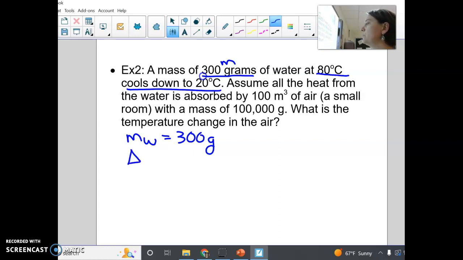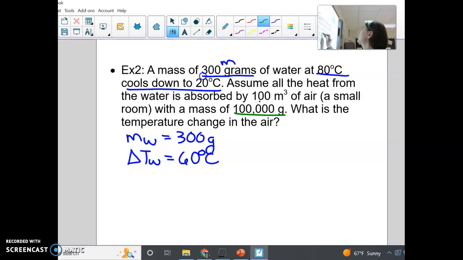So our change of temperature of our water is 80 to 20, 60 degrees Celsius. And then we also know that, do we need to know it's 100 cubic meters of air? No, we just need to know the mass of the air. So the mass of the air, and you're like, wait a minute, I already have a mass. So we're thinking about, we have two different substances.